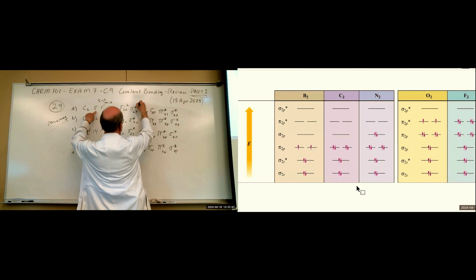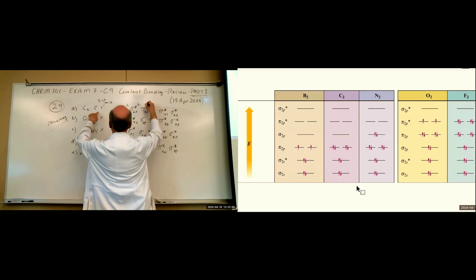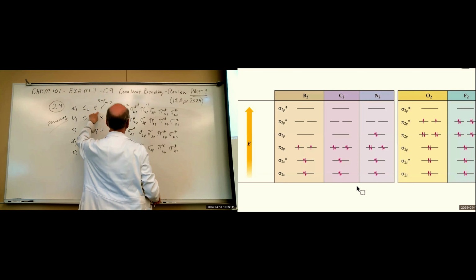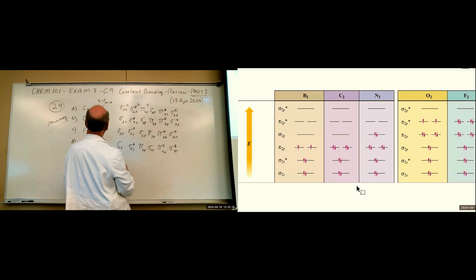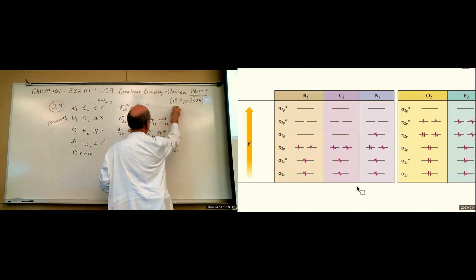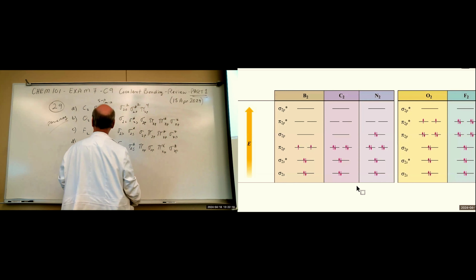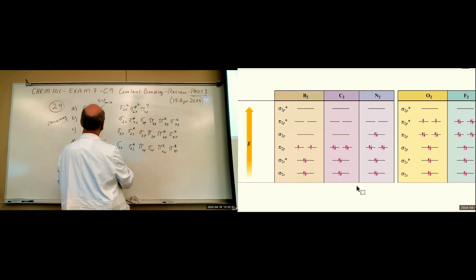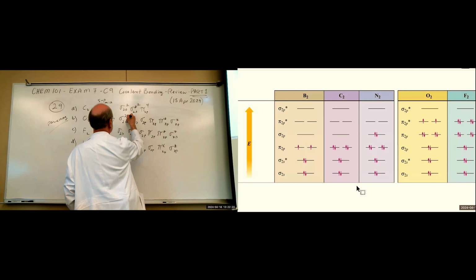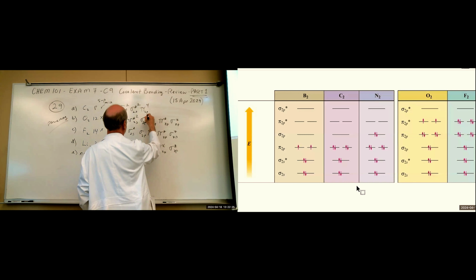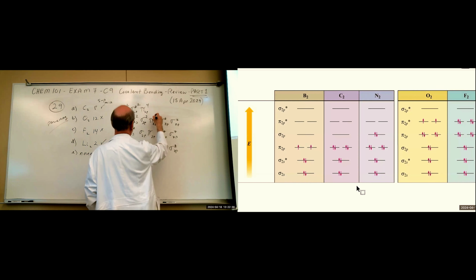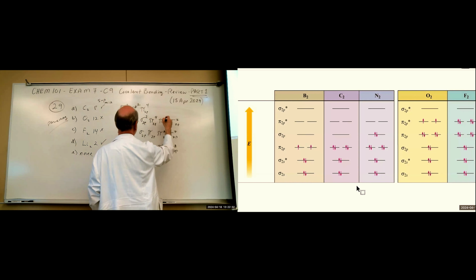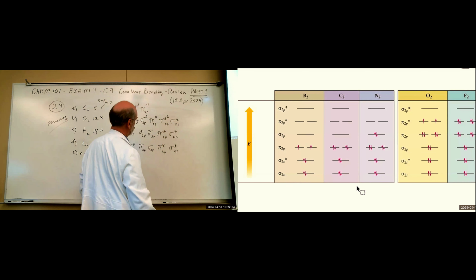All right, 2, 4, and 4 is 8. That's all for carbon. All right. Oxygen, 12. 2, 4, 6, and 4 is 10, and then 2 more here, right?